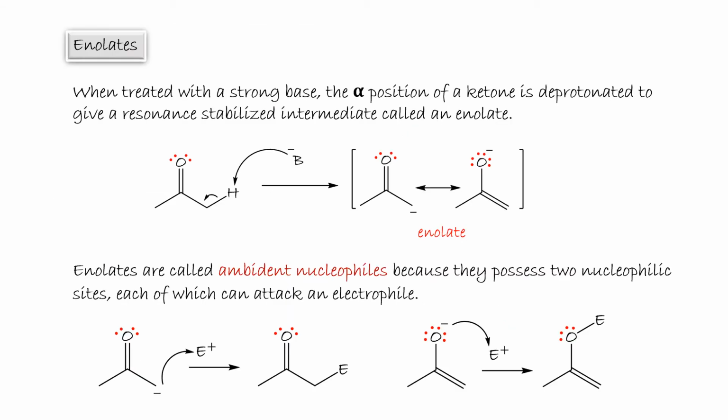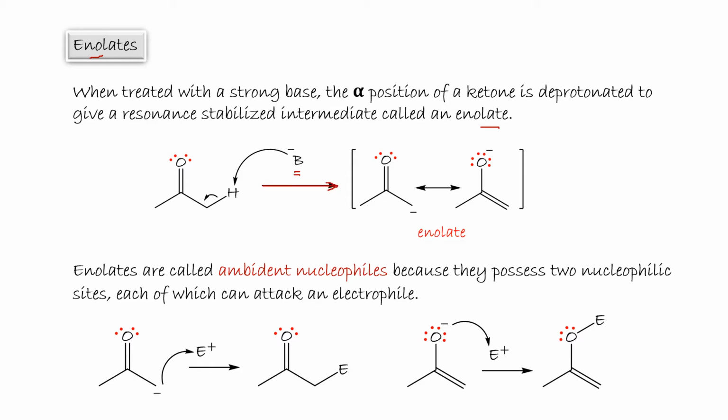Now let's talk about enolate. When treated with a strong base, the alpha position of the ketone is deprotonated to give a resonance-stabilized intermediate called enolate. So when we have a strong base, it is one arrow here, it's not at equilibrium.